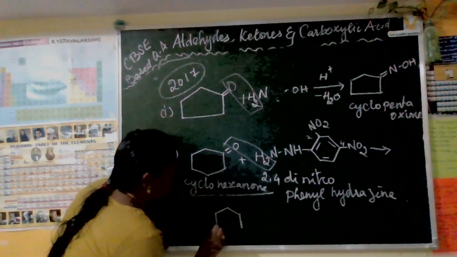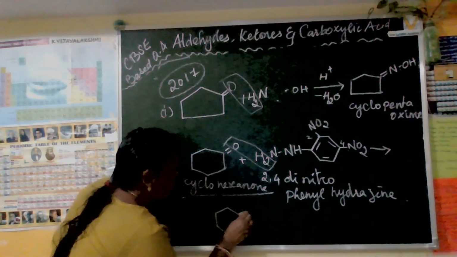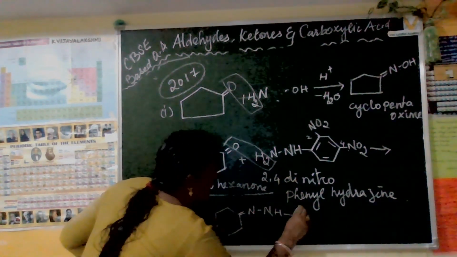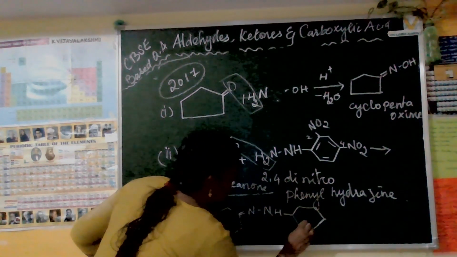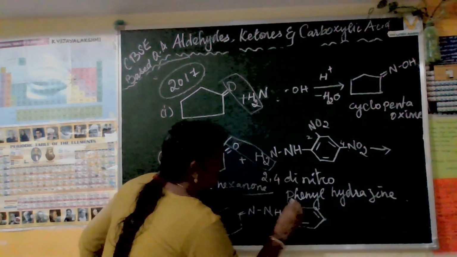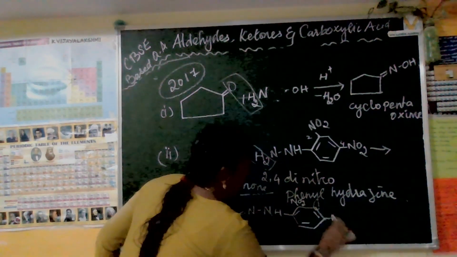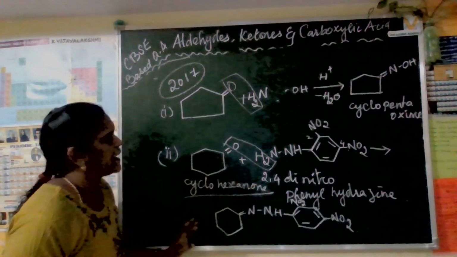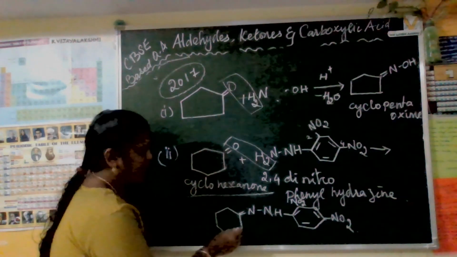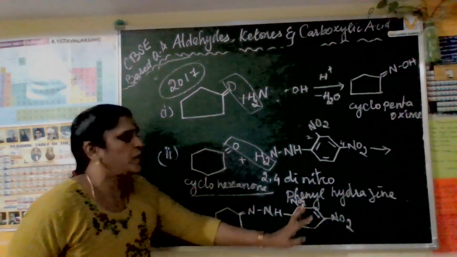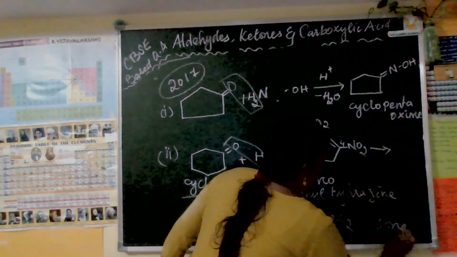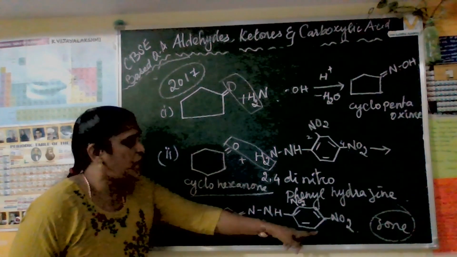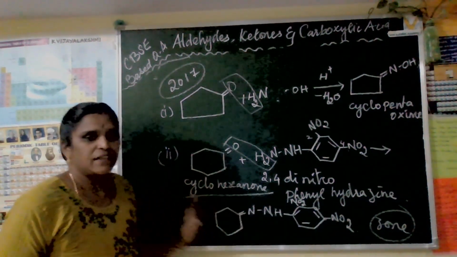So you will get the 2,4-dinitrophenylhydrazone only. The name will be cyclohexanone 2,4-dinitrophenylhydrazone.